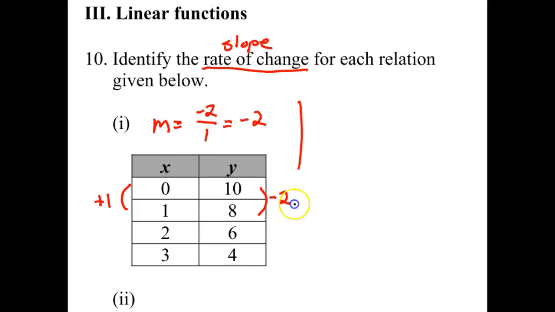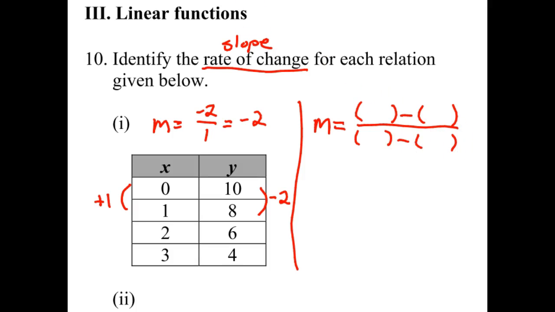Another way is using the formula. So we have this method, right, using this formula. Subtract the y's on top, the x's on the bottom. And you can use any 2 points. It doesn't matter which 2 points. I could use like 1 and 8 and 3 and 4. It does not matter.